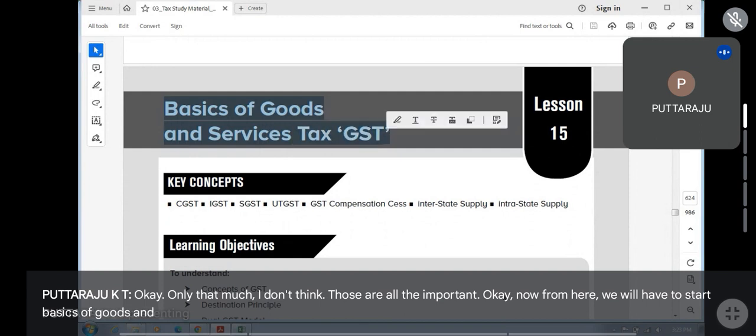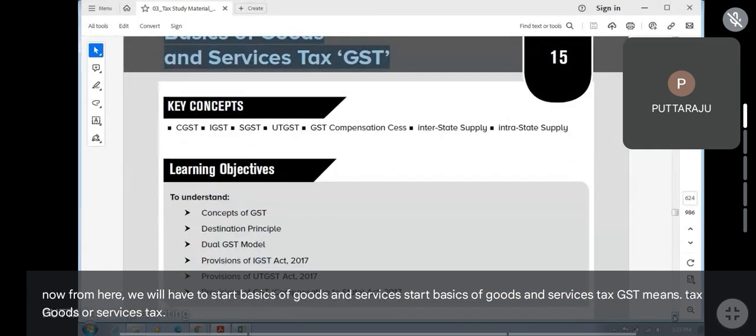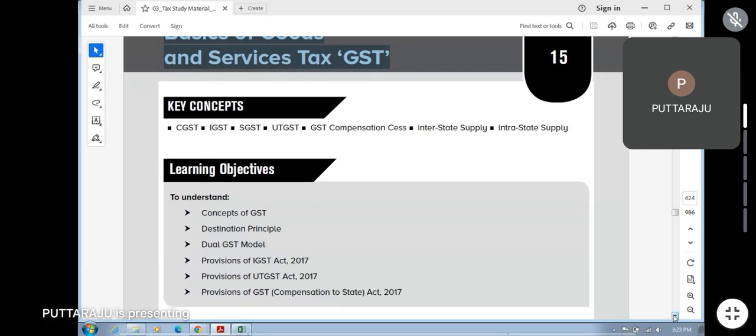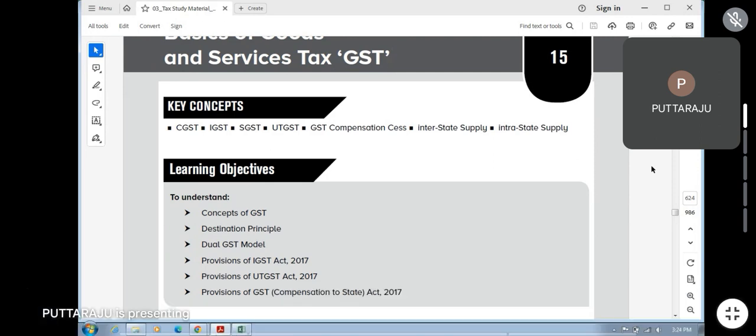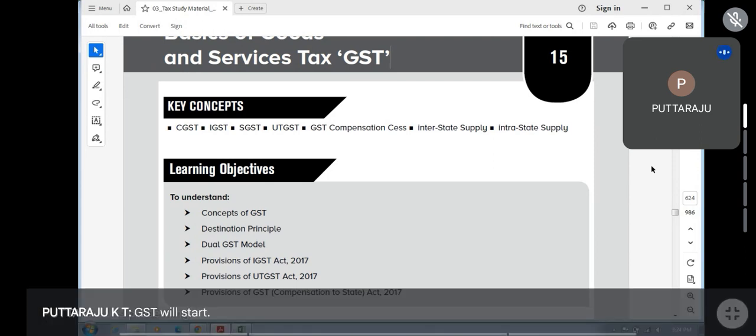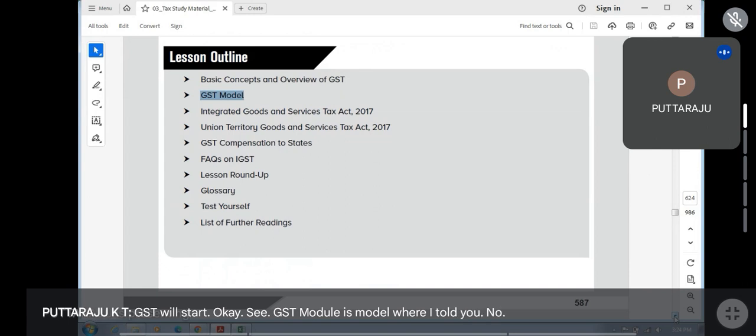Okay, now from here we will have to start. Basics of goods and services tax. GST means goods and services tax. The GST model, where I told you, it's in this.